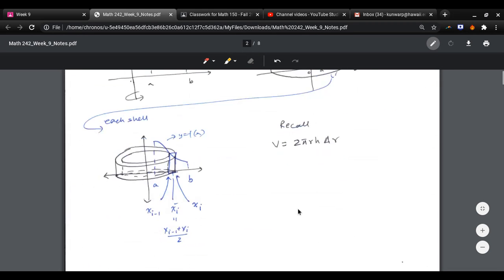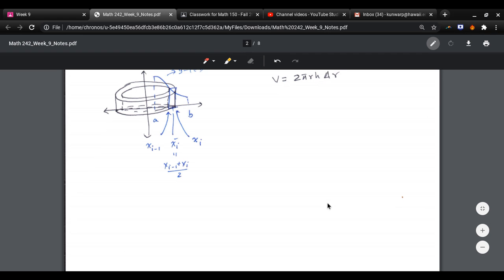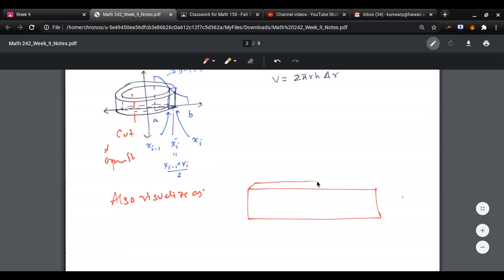So here's what you get. These are the terms. You can use this space to derive it again. You can also visualize it as, if I take this shell and cut it here and open it, I get this long strip with a particular thickness.